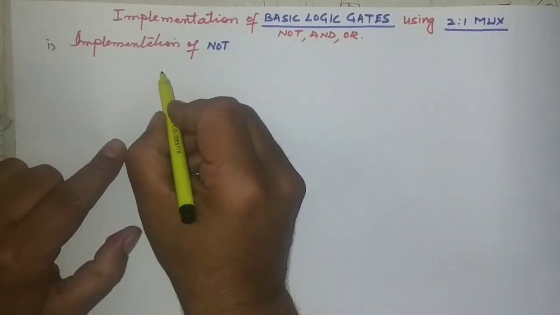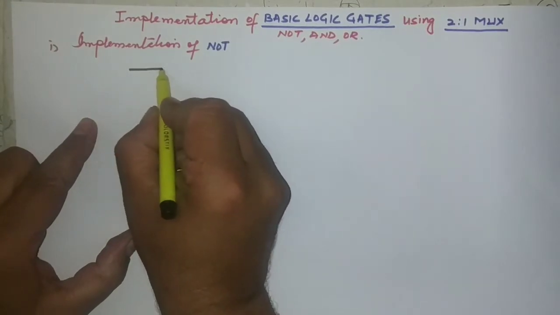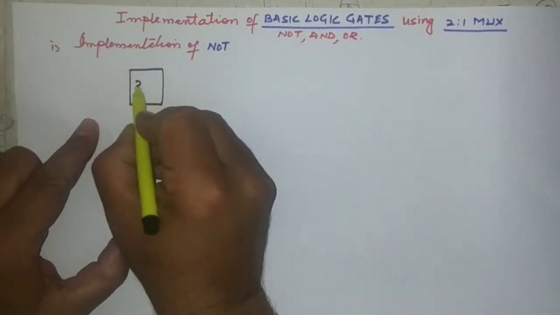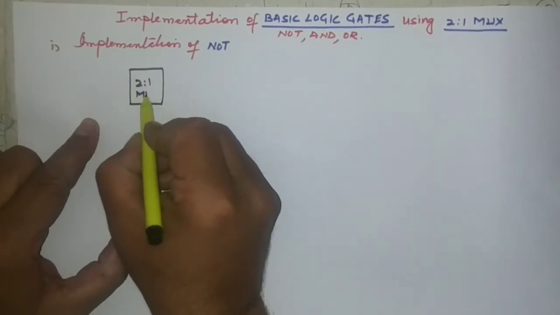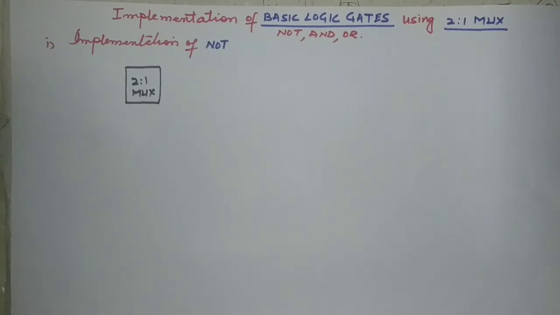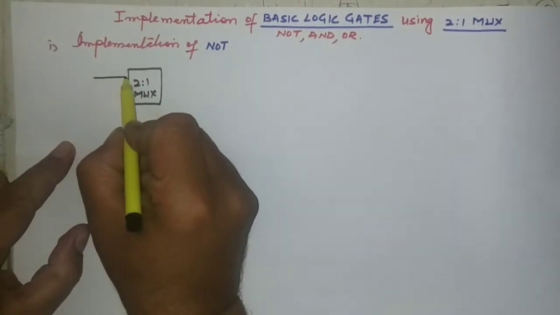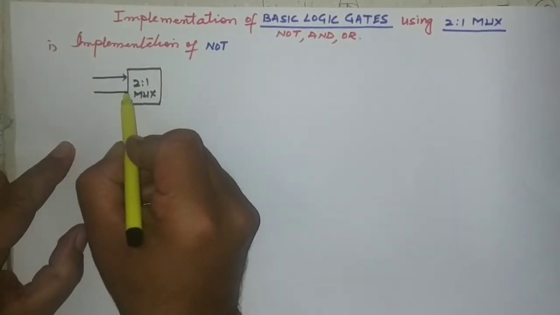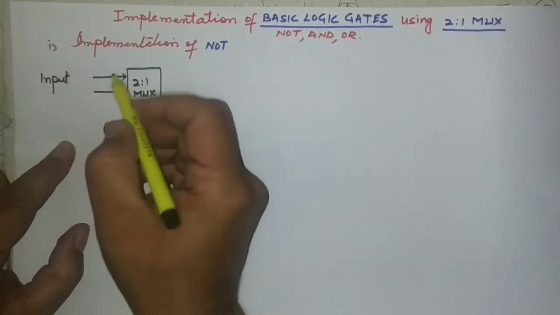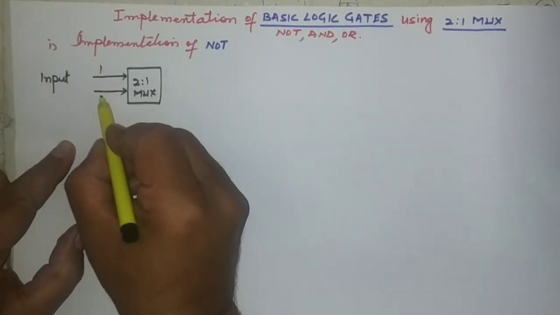So for example, say this is the 2 to 1 multiplexer. These are the two inputs, say 1 and 0.